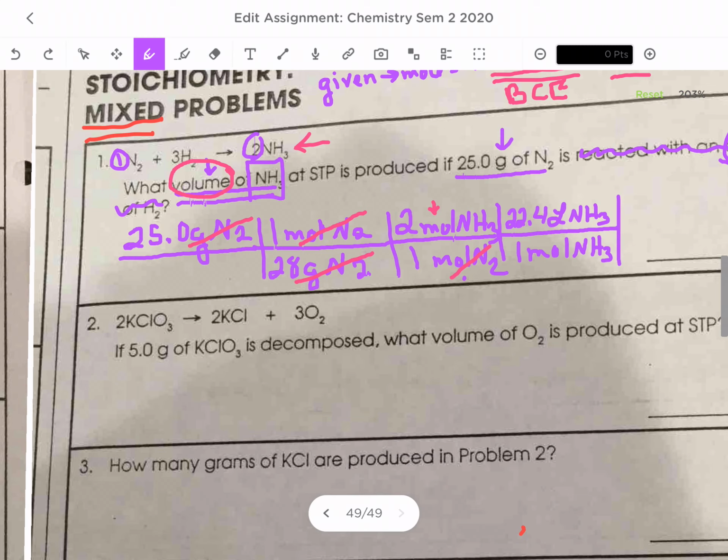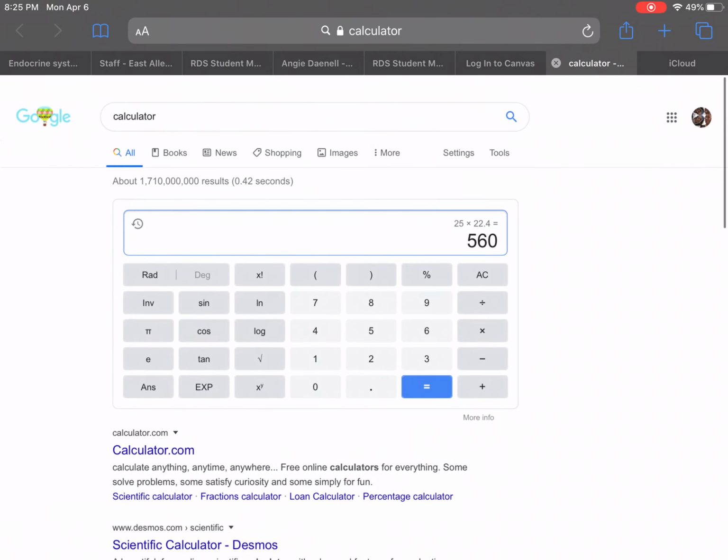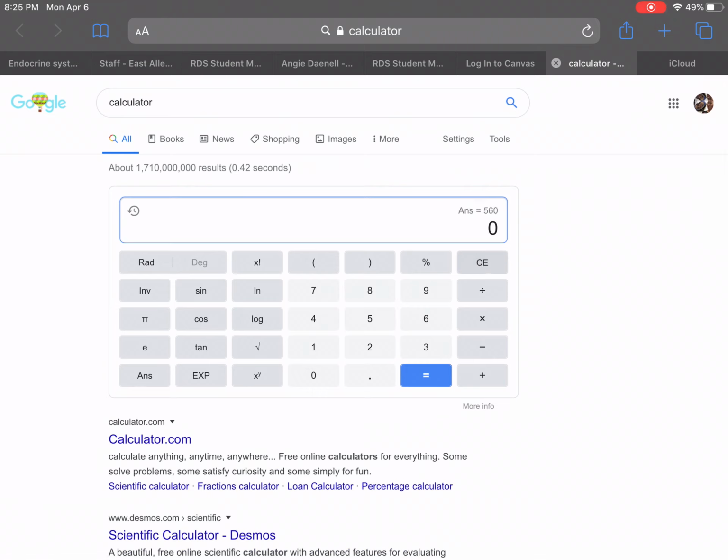So we're going to multiply everything on the top divided by everything on the bottom. So on the top we have 25 times 2 times 22.4. I think I have a calculator open. I do. So all clear.